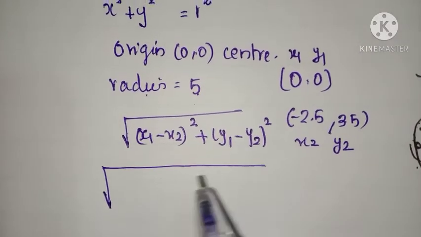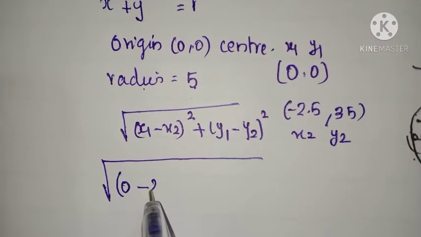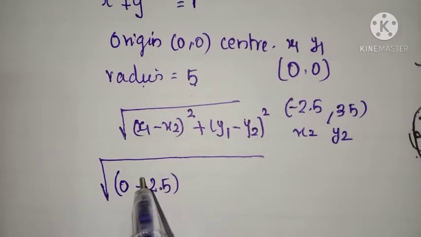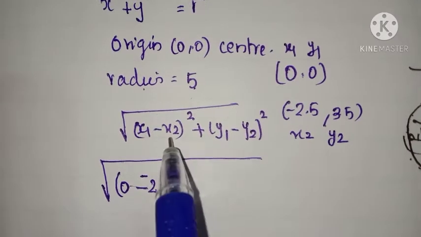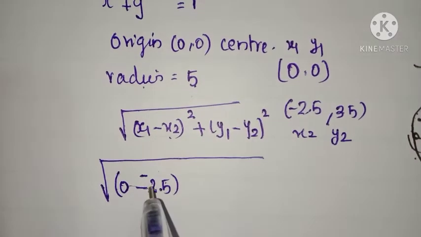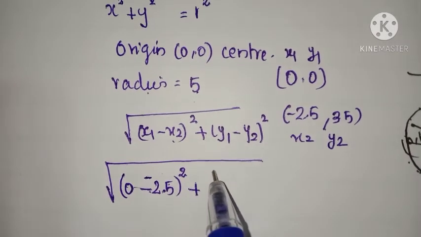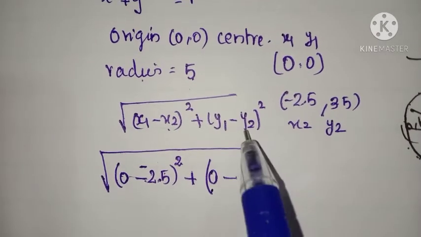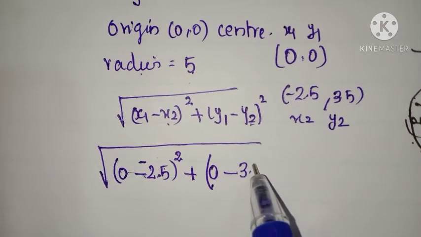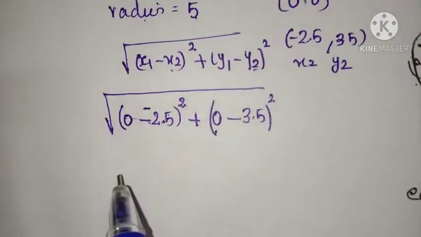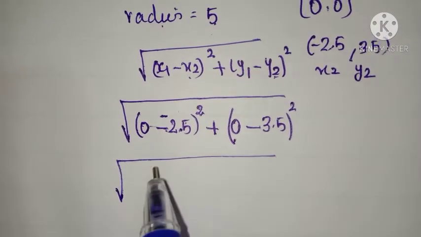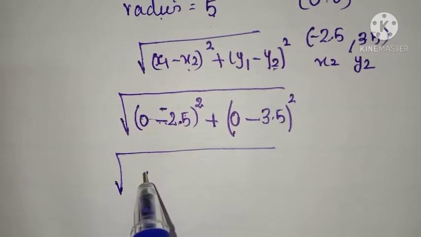So this becomes the root of (0 - (-2.5))², that is 0 minus x2 is 2.5, so 2.5 squared, plus (0 - 3.5)², where the negative becomes positive.